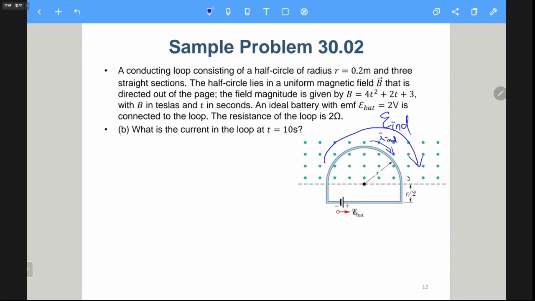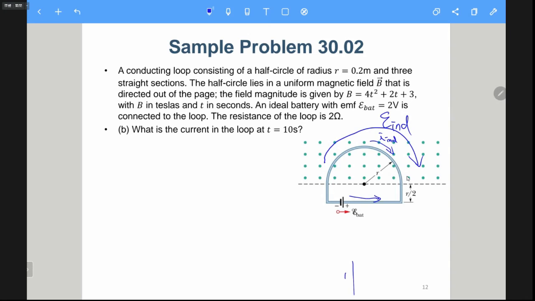If you ignore this part first, then you will find the current should be going in the opposite direction, in this direction.